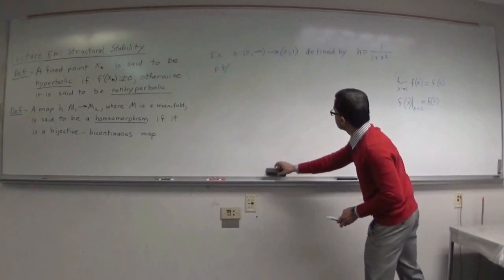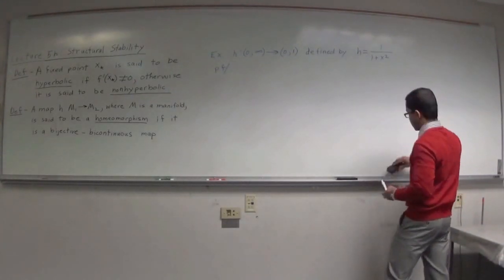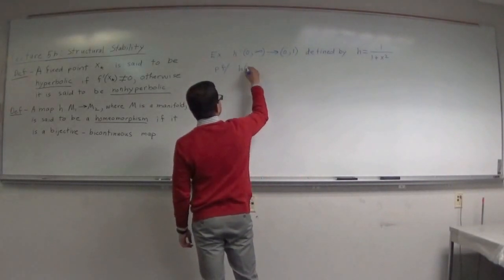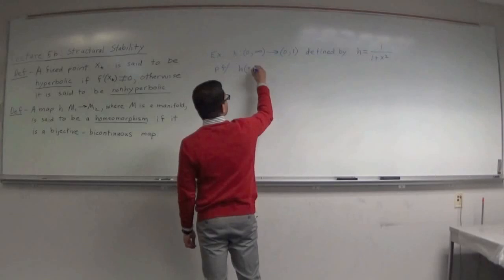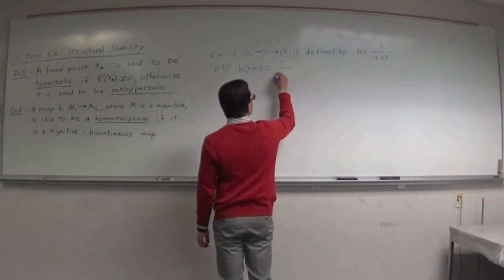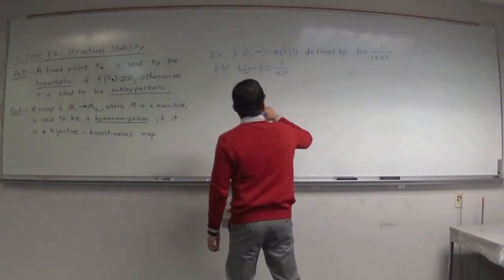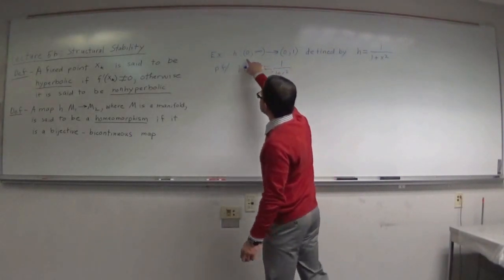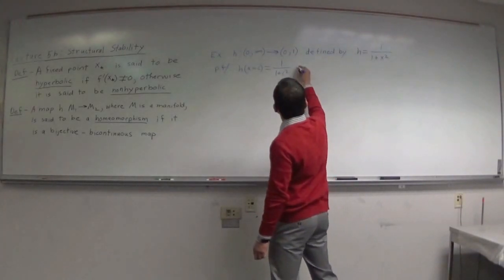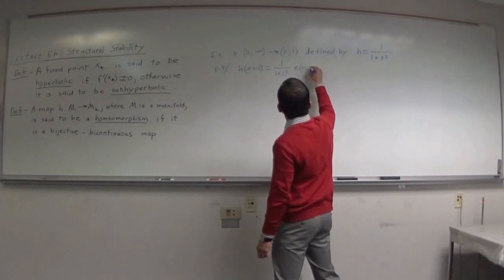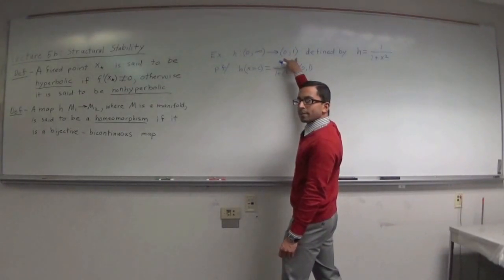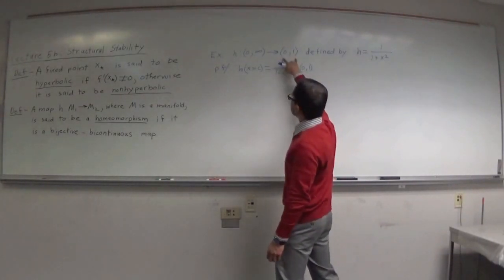So let's do that. Let's pick any c. This has to work for any c. And let's first show that it actually exists. h of x equals c is going to equal 1 over 1 plus c squared. So this is for any c in 0 to infinity, right? But we see that for any of those c, we do remain in this set, and it exists for all points in this set.